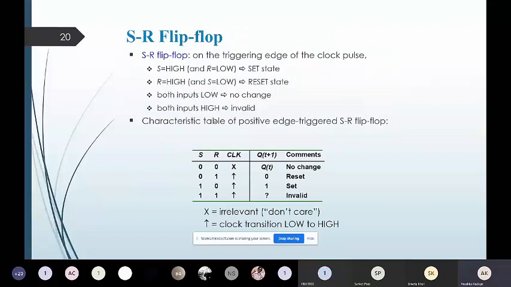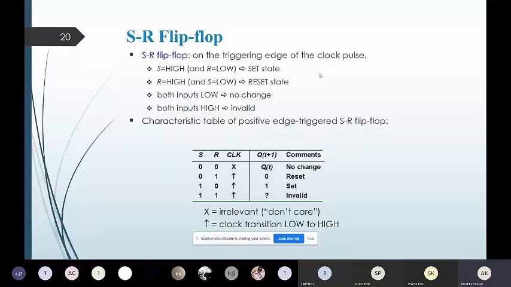So we are starting with the first type of flip-flop. The flip-flop title is SR flip-flop, and I told you in the last lectures also that whatever the title of that latch or flip-flop is, that title tells how many inputs are acting for that flip-flop or latch.